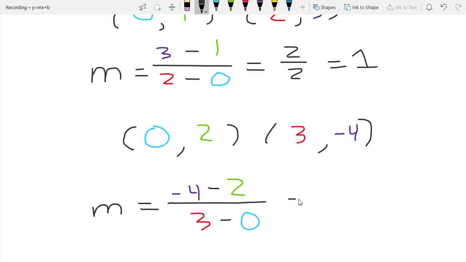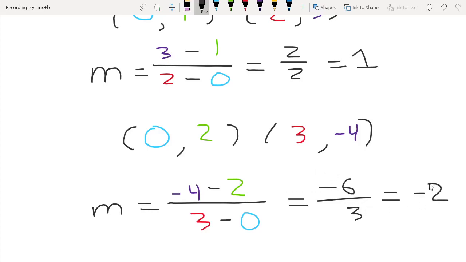So we can simplify this as negative 4 minus 2, which is negative 6, over 3 minus 0, which is 3. So in this case, the slope would be negative 2.